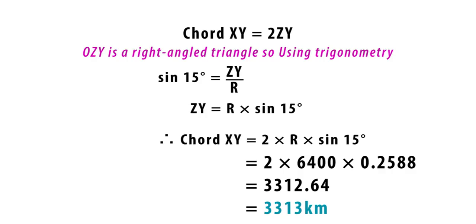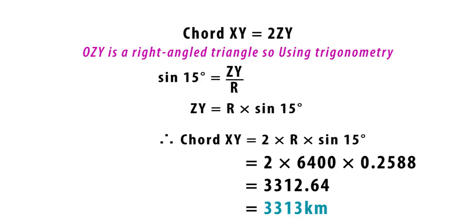We know the value of R, which is 6,400. And our sine 15 from the calculator will give us 0.2588. So we do the necessary substitutions, and we have 2 multiplied by 6,400 multiplied by 0.2588.